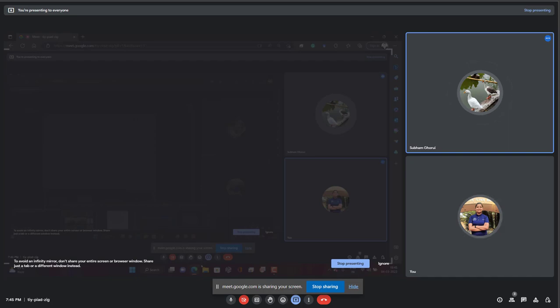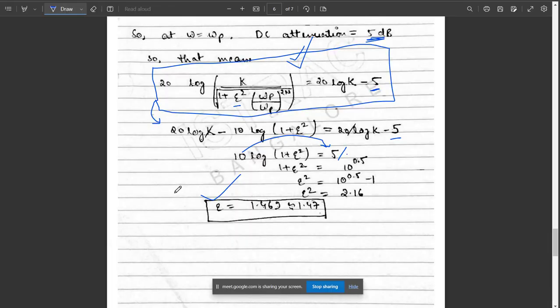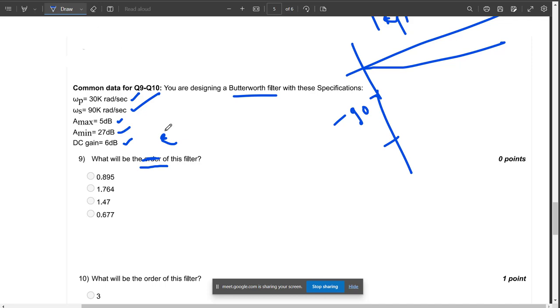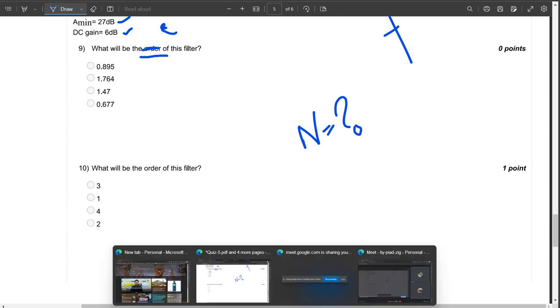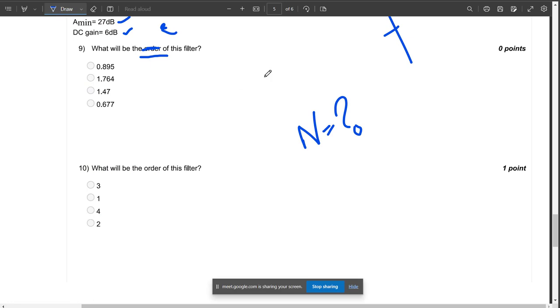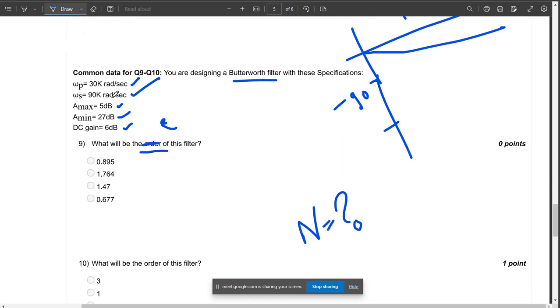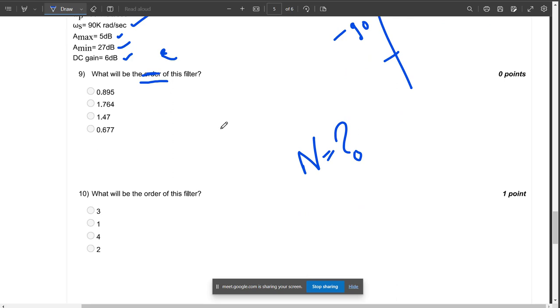No, ma'am. Okay, so let's try to solve another question. What will be the order of this filter? From the same equation, you know the formula. Now you have to find out n. You already know all the values: omega p, omega s, a max, a min, DC gain, and everything. You know the formula of the Butterworth filter. Try to solve this question for n.